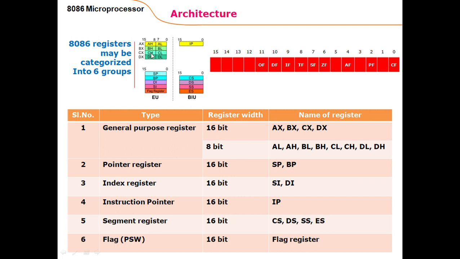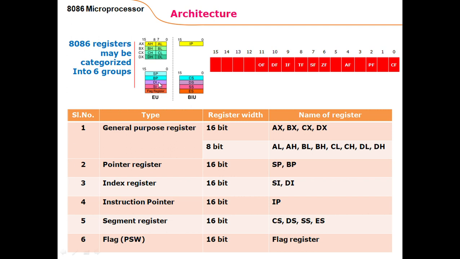We have general purpose registers. In general purpose registers, we have accumulator, base, count, and data. And we have pointer registers, where stack pointer and base pointer are the pointer registers. These registers are used to provide offset while creating the physical address.